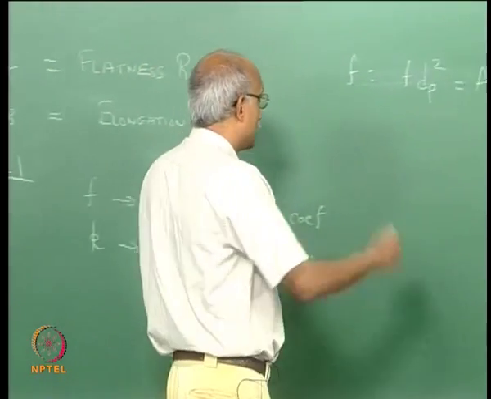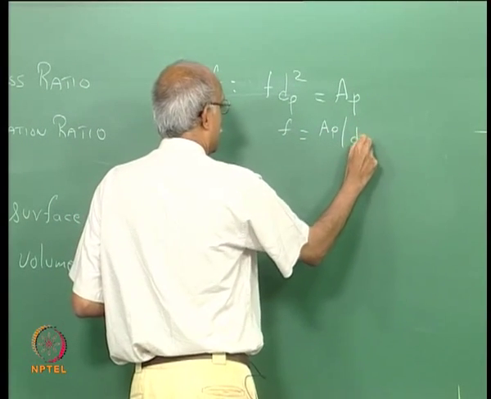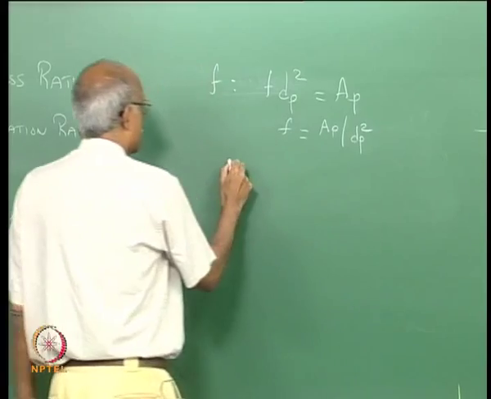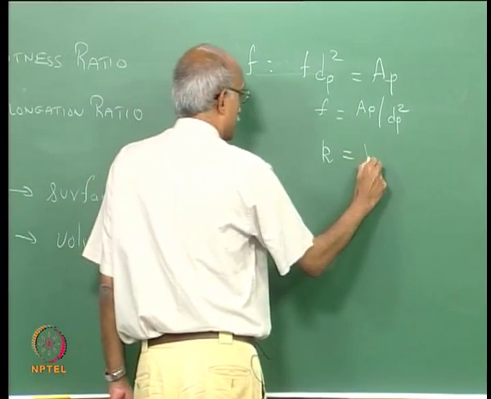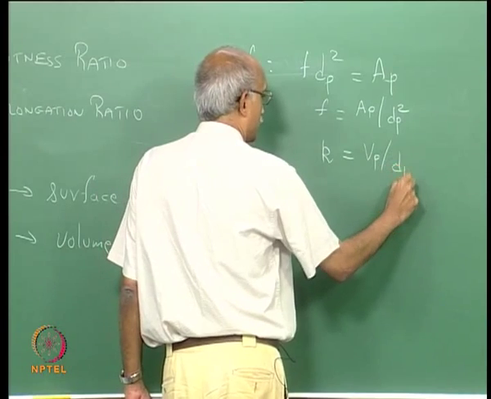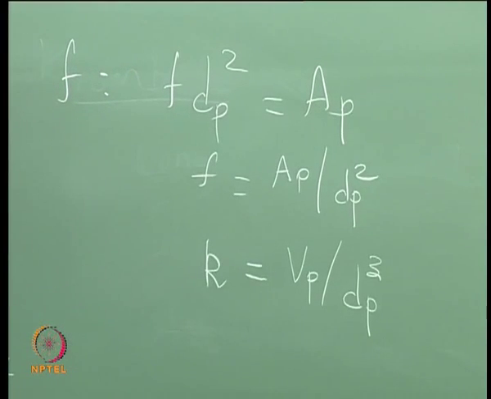So the way you calculate F is simply by AP over dP squared, and similarly K was defined by Waddell as the volume of the particle divided by dP cubed.